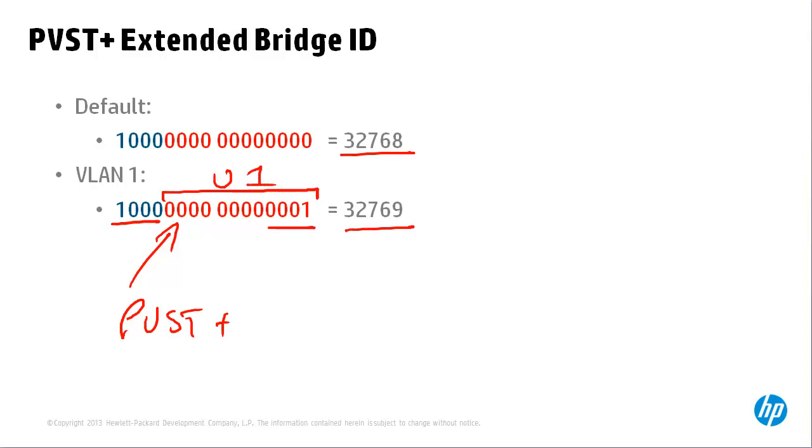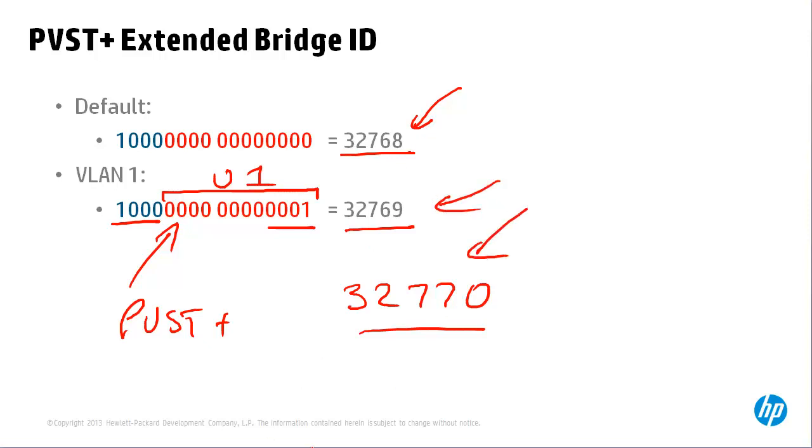In other words, 32768, the bridge priority plus 1 for the VLAN number. For VLAN 2, the priority would be 32770, and so forth and so on. So on HP switches, the default switch priority is 32768. On Cisco switches running PVST, it will vary because the VLAN number is added to the switch priority.